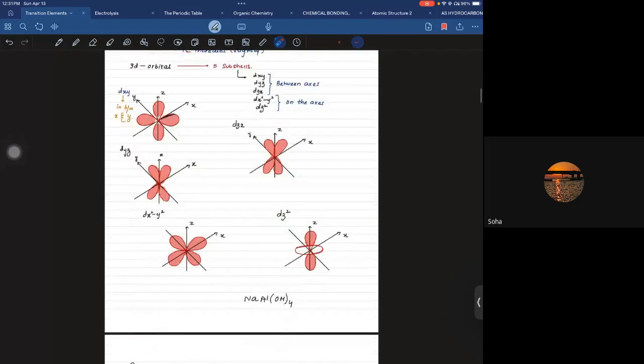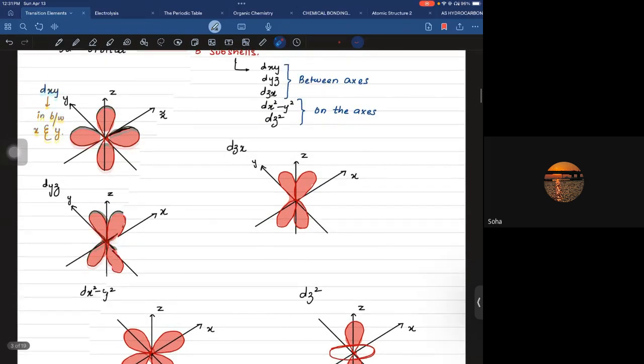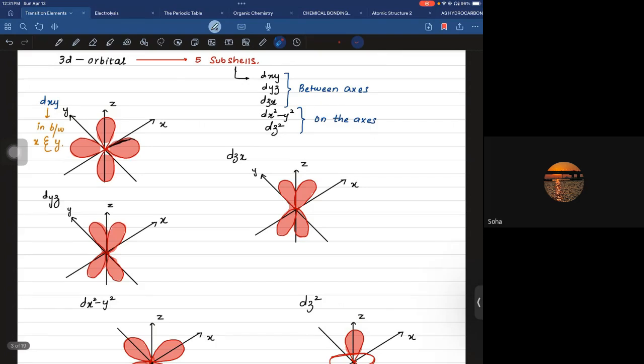They are called d orbitals: dxy, dyz, dzx, dx square minus y square, and dz squared. And they have the same energy. That's why we use the term degenerate, meaning they all have the same energy level.